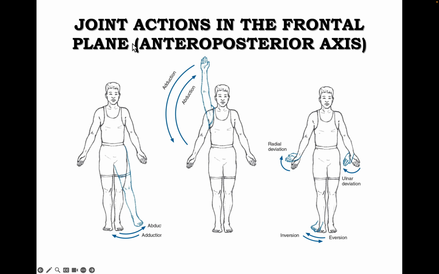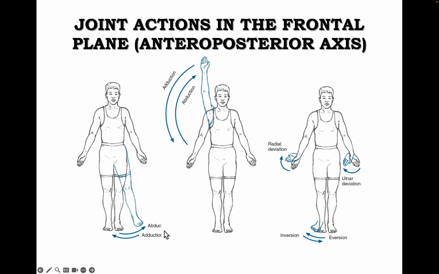Moving to our frontal plane, meaning that we have an anteroposterior axis of rotation. Any kind of abduction and adduction, those movements occur in our frontal plane, moving about that anteroposterior axis of rotation. So notice the leg kicking out to the side. That's considered abduction.